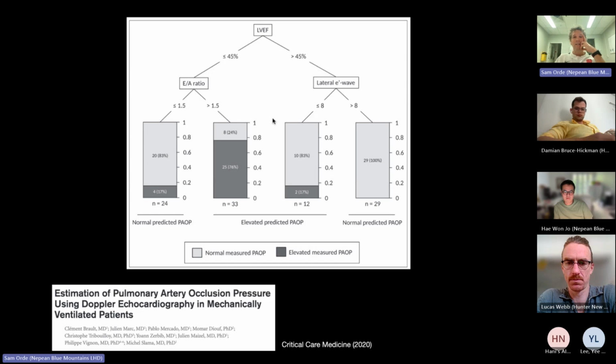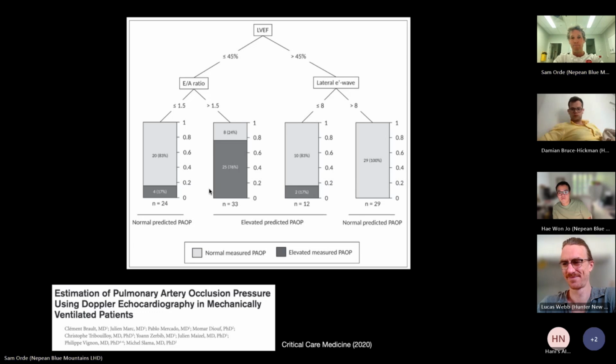Okay. So I sort of take away from that, bad LV, raised E to A ratio, raised wedge pressure; normal ejection fraction, normal E prime velocity, normal wedge pressure. Everything else in between, we're going to need a bit more info.